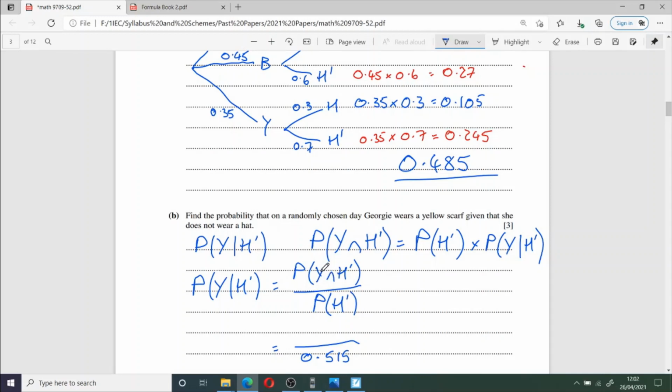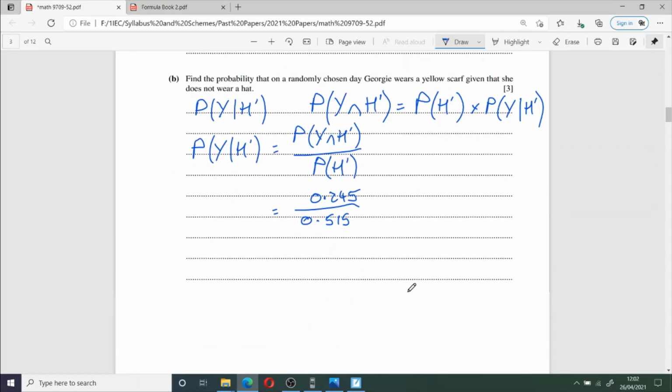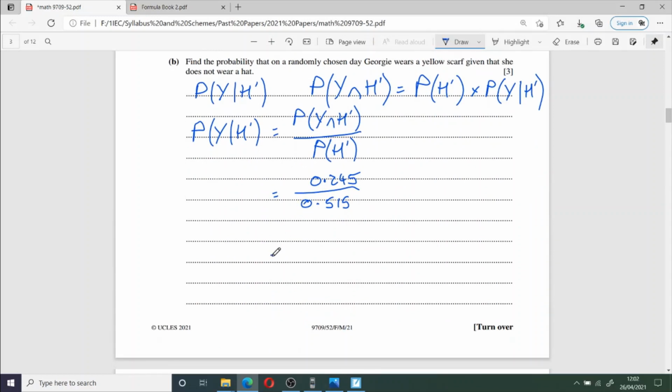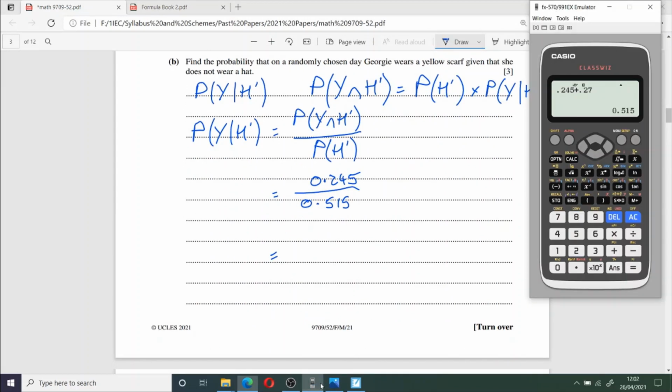And the probability of yellow and not wearing a hat is this one here, yellow and not hat, 0.245. So we're going to do 0.245 divided by 0.515, and we get 0.476 to three significant figures.